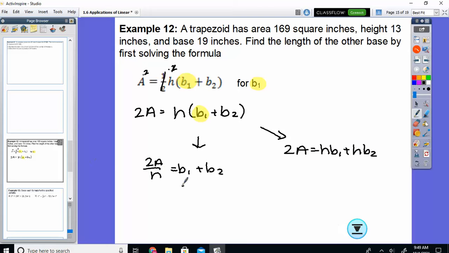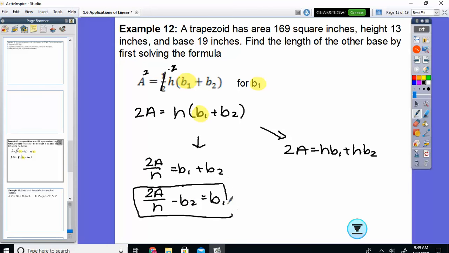If I'm going the first route, what would you do to get your b sub 1 by itself? And then you've got your equation. If you went the second route, you would subtract this h times b sub 2.